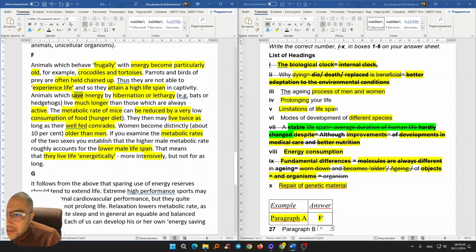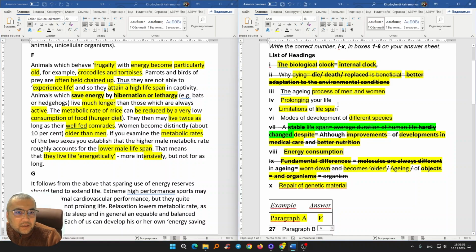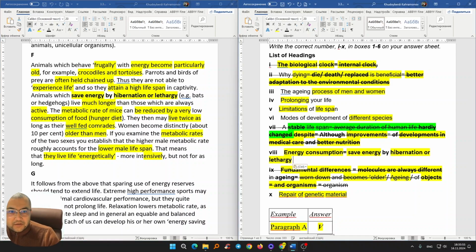Animals which save energy, or hibernation or lethargy, bats and hedgehogs, they live longer, which means they consume less energy, right? Because they are saving energy and consumption of food. As long as you consume food, you are somehow producing energy, right?